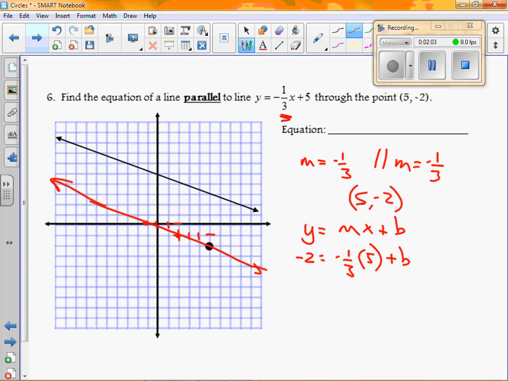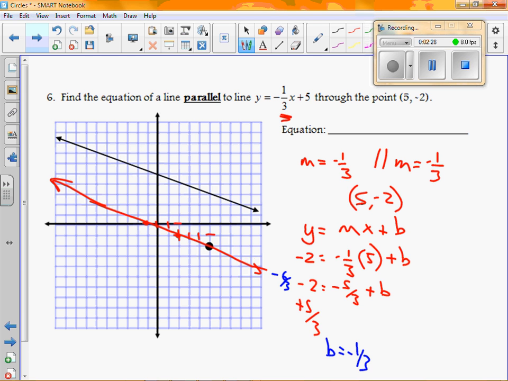So now it's solve for b. To solve for b, I have to add 5/3. To add 5/3, this is what I showed you. That was a little bit confusing. You have to change that to 6/3. So 6/3 and 5/3. So b is negative 1/3.